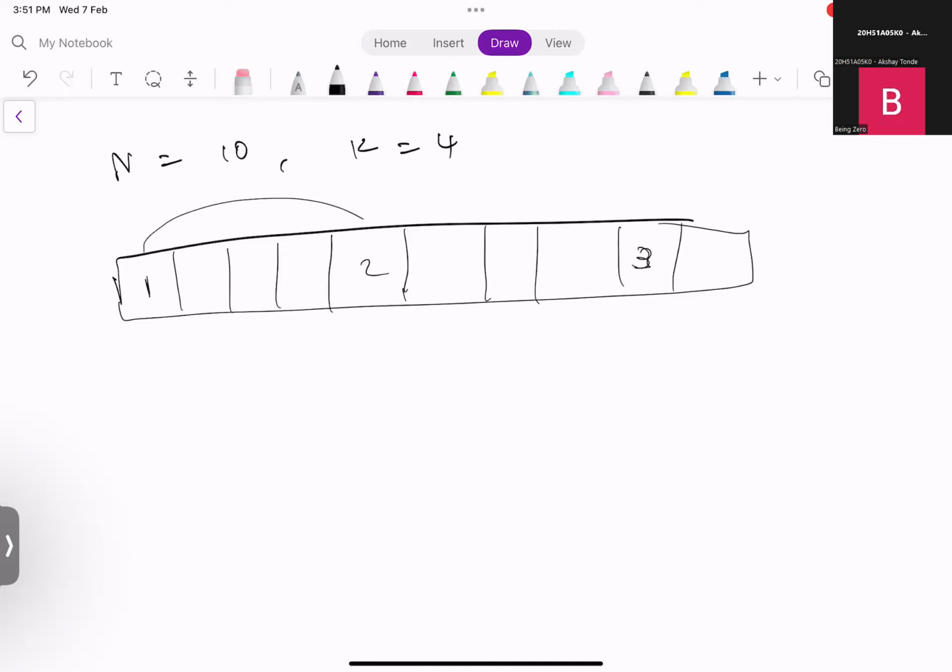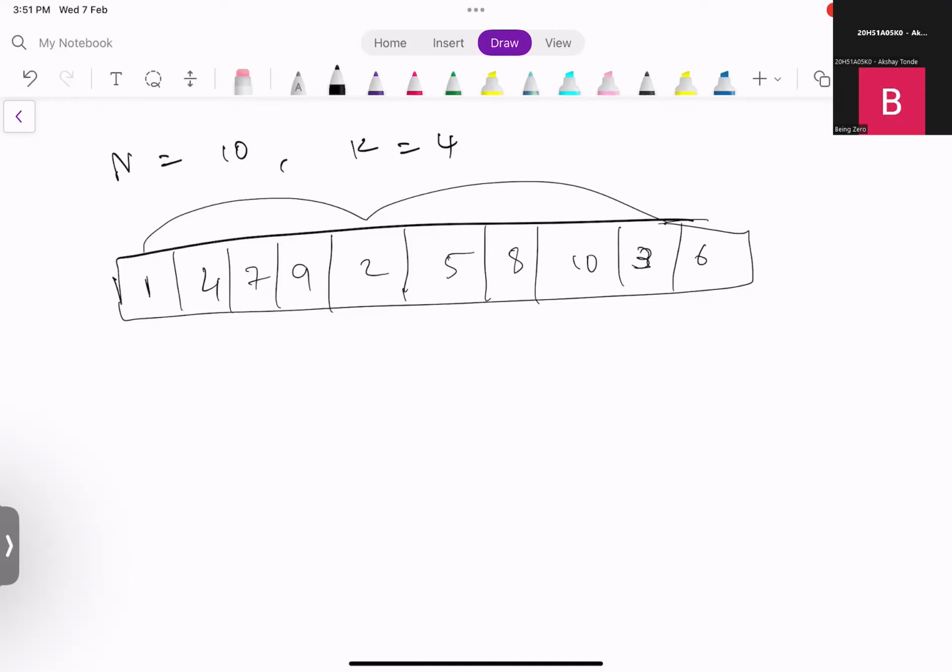Basically, our condition of a of i and a of i plus k having absolute difference less than or equal to 1 is satisfied, right? Then I'll put 4 here. If I put 4 here, I have to put 5 here and 6 here, right? Then I'll put 7 here, 8 here, and 9 will basically be put back here, and then 10 here, right?